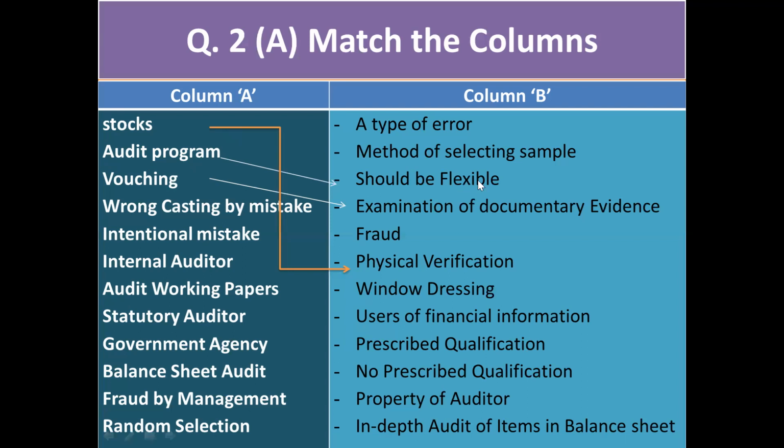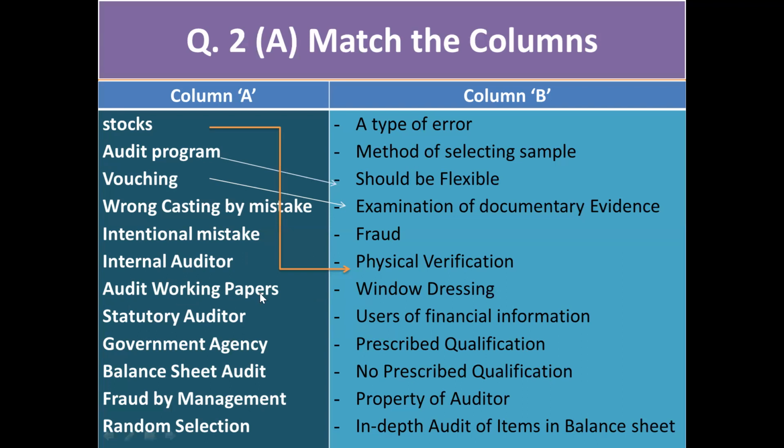Okay. Likewise, in case of vouching, the most appropriate answer is examination of documentary evidence, right? Wrong casting by mistake, we have a type of error. This is the answer. Intentional mistakes, fraud is the answer. Internal auditor, it has no prescribed qualification, right?